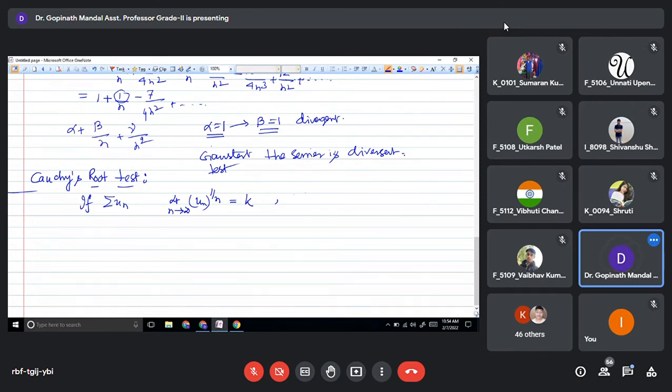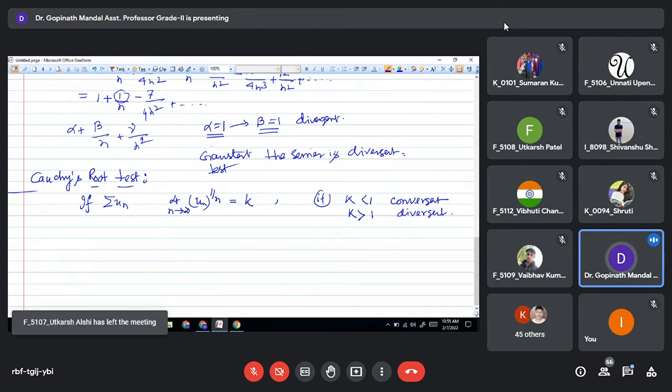Then if k is less than 1, the series is convergent, and if k is greater than 1, the series is divergent, and if k is equal to 1, then the test fails.